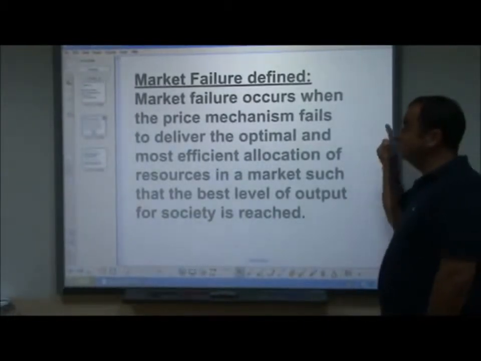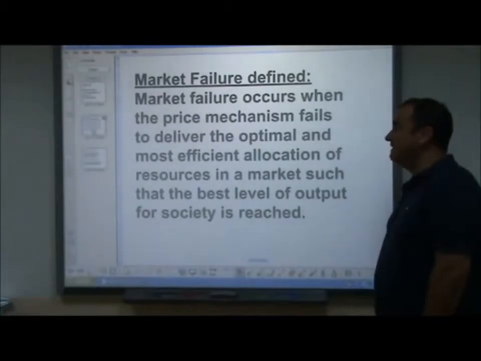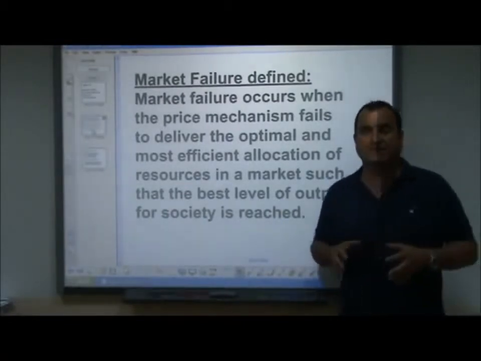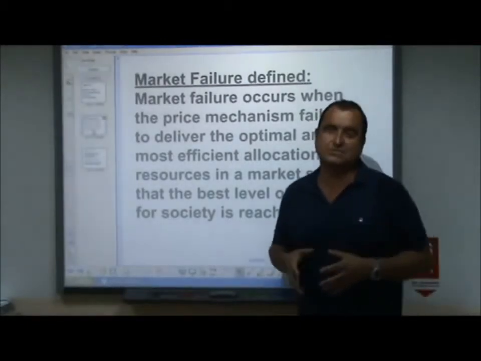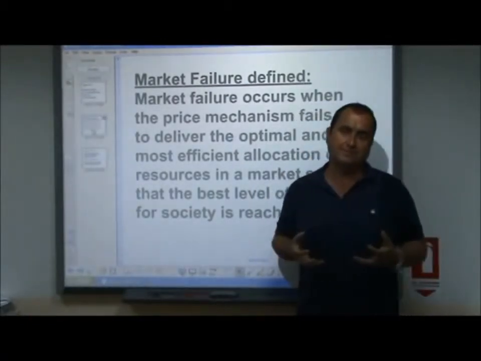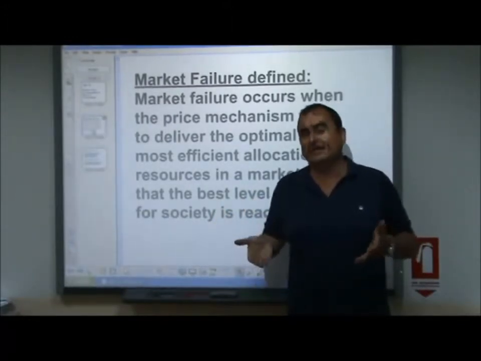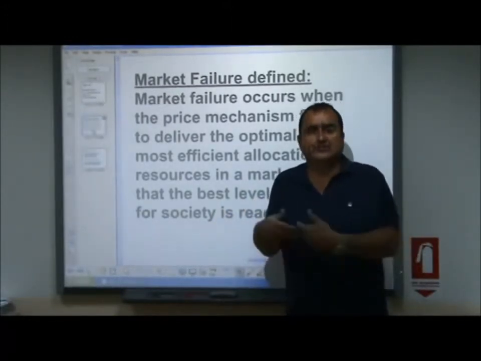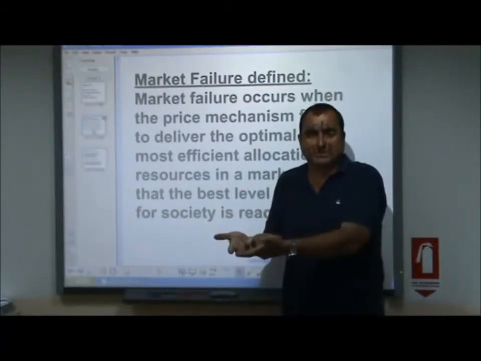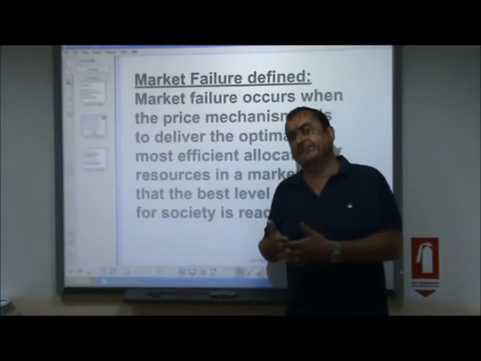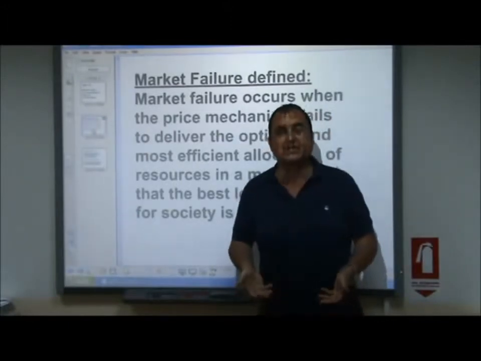Market failure occurs when the price mechanism fails to deliver the optimal and most efficient allocation of resources in a market such that the best level of output for society is reached. When that price mechanism or market mechanism leads to the wrong level of output, maybe too much, maybe too little, maybe none at all, maybe consumers are tricked into giving too much of their resources, maybe firms are tricked into giving too much of their resources.